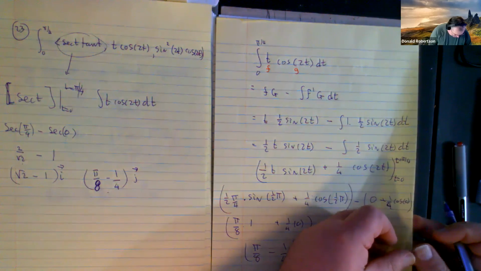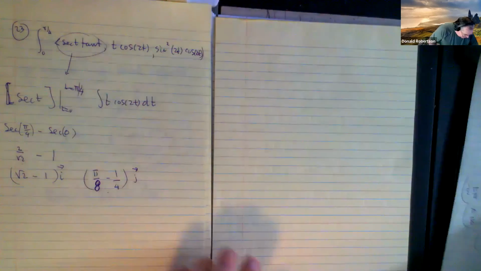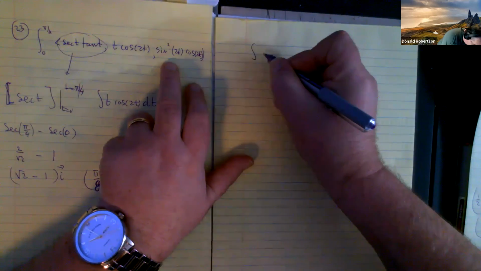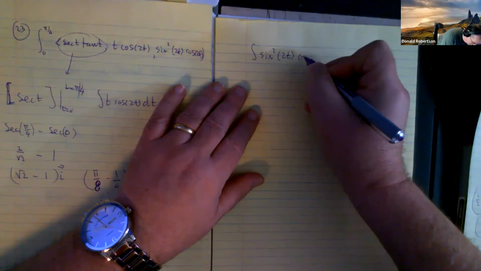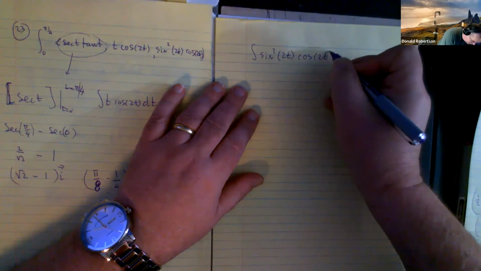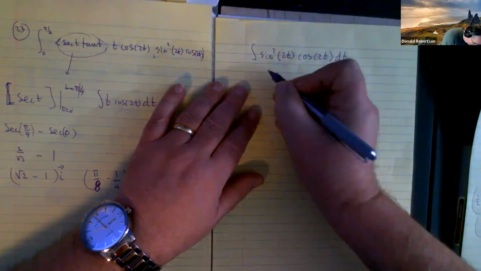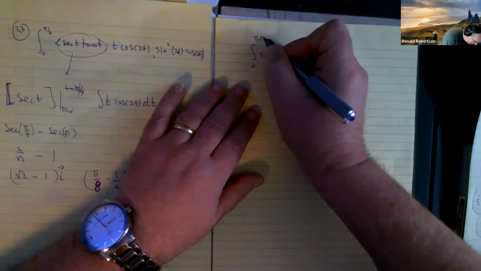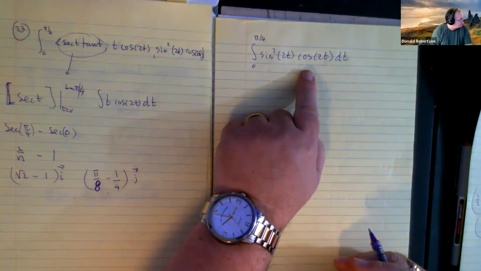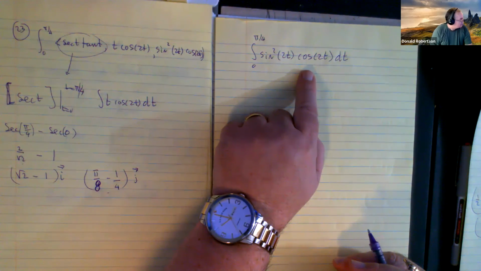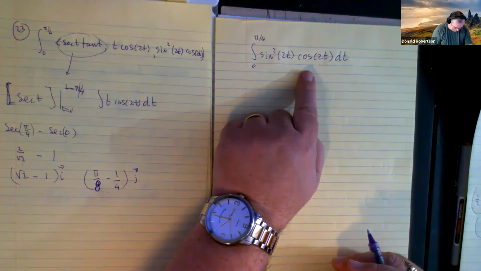Gotcha. Okay. Now, this is the last fella, which is the integral of sine squared of 2t cosine of 2t dt, right? Now, according to them, the answer to this is 1/6.